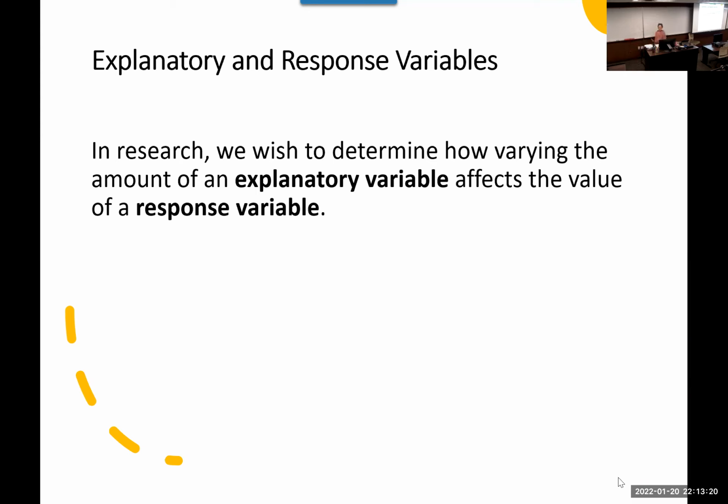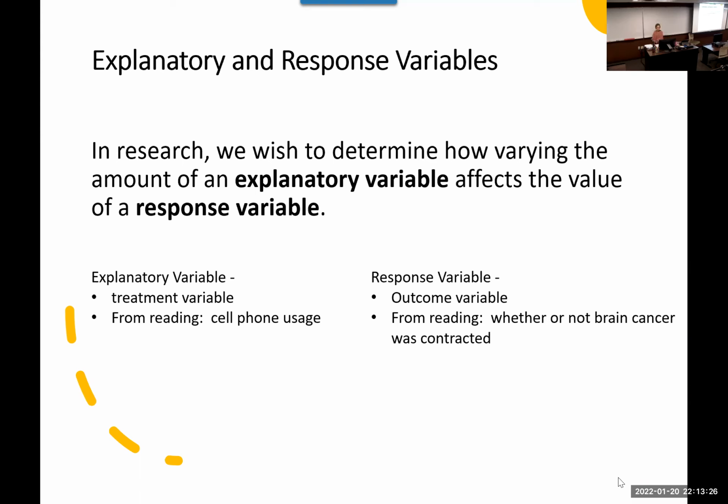What would be the outcome variable? Right, you're trying to measure brain tumors, okay? So again, the explanatory variable becomes the treatment variable. Make sure you got that word written down, treatment variable for explanatory. And the response variable, again, is the outcome.